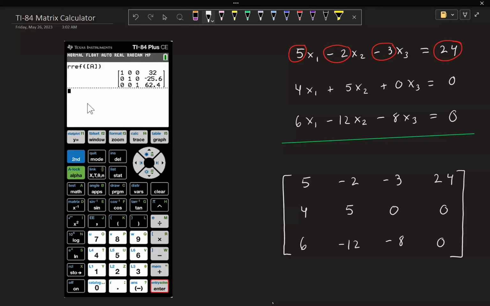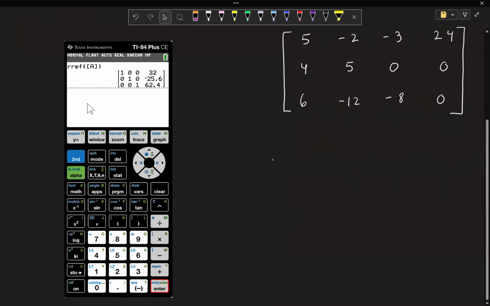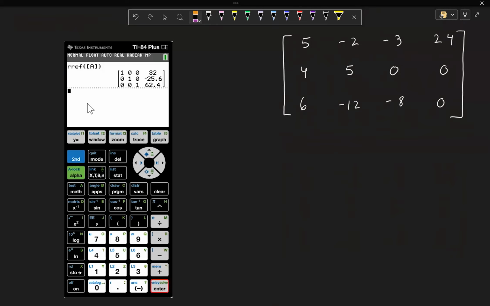So this reduced row echelon form of A basically just spits out an equivalent matrix. So if we were to write out what this matrix really means, if we take it back into equation form, we'll have the following equations.